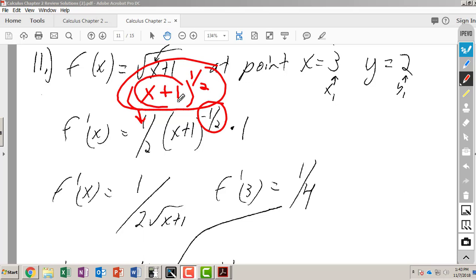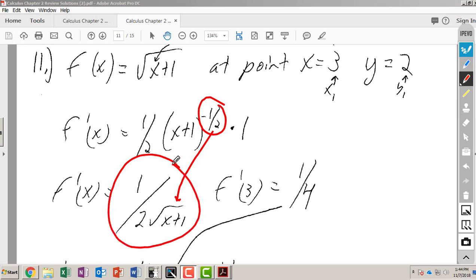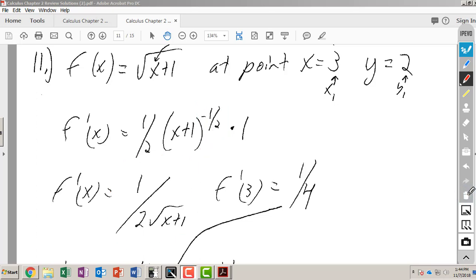And then I take the derivative of what's inside, and the derivative of what's inside is 1. So that derivative is 1/2 times x plus 1 to the negative 1/2 times 1. I simplify it down. Remember, negative 1/2 power puts it in the denominator. That changes it to a positive 1/2. 1/2 power is the square root.